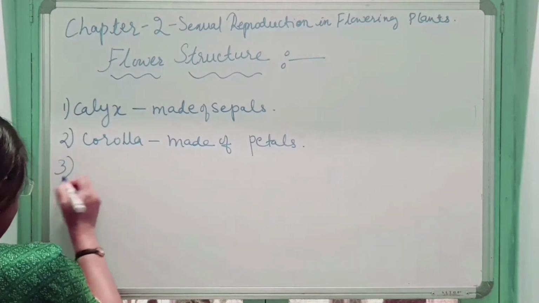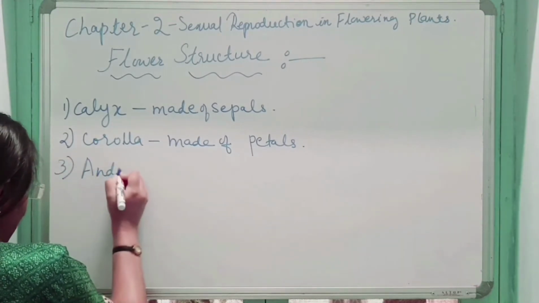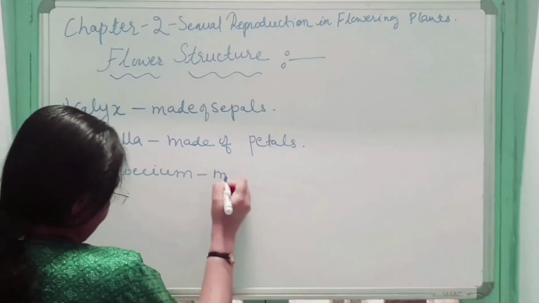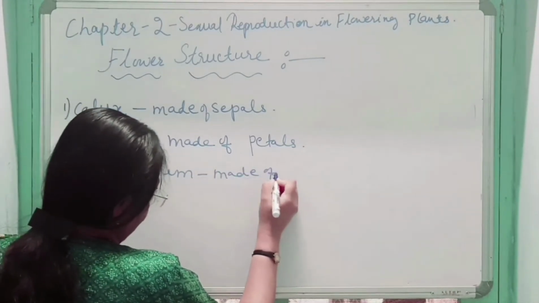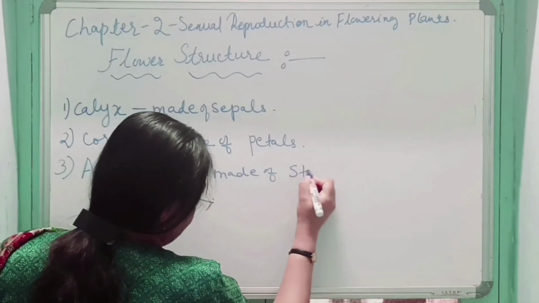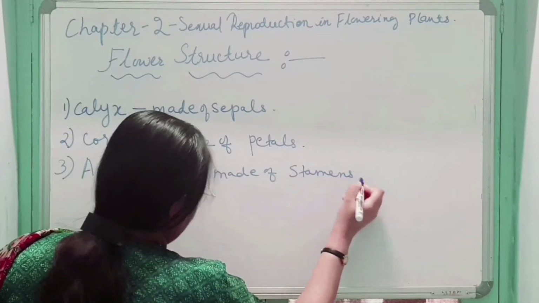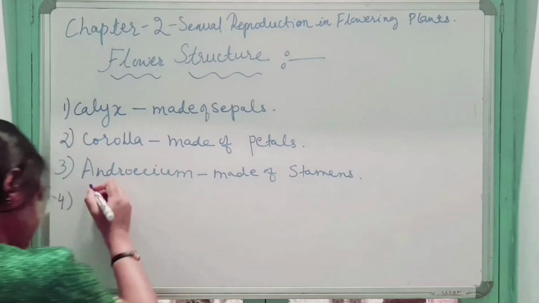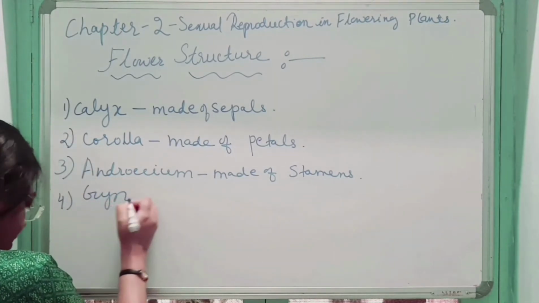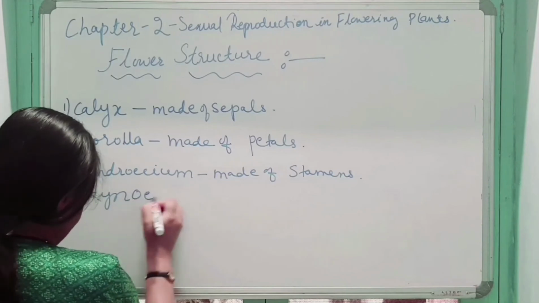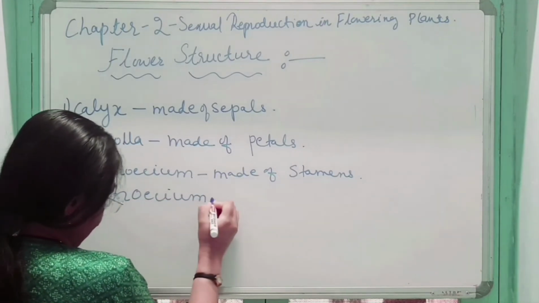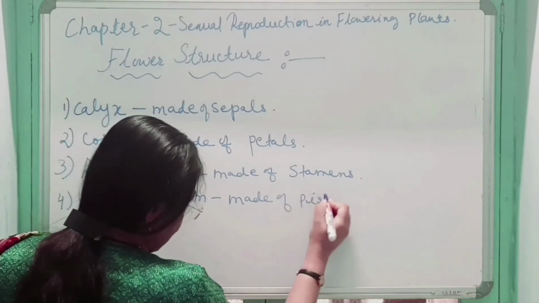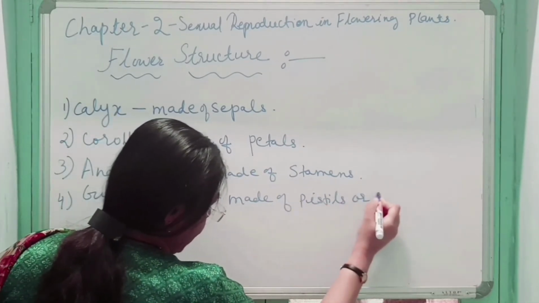The third part is Androecium, made up of stamens. And the last part is Gynoecium, made up of pistils or carpels.